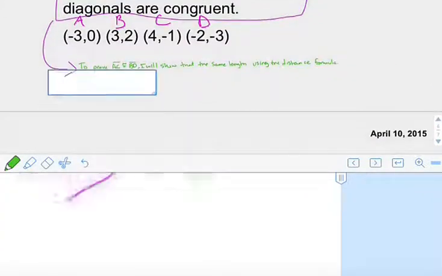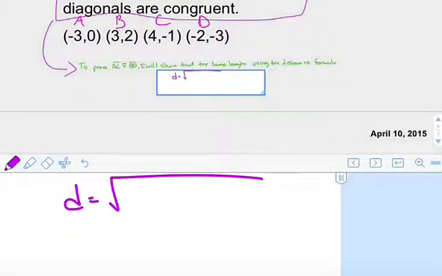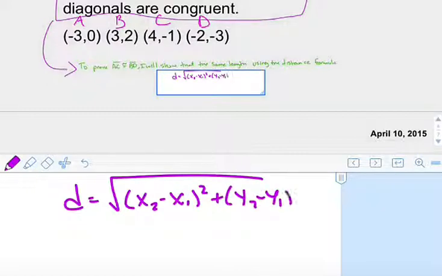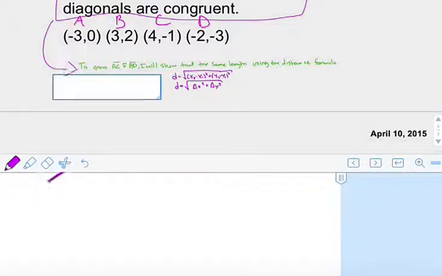Okay, so let's remind ourselves what the distance formula is all about. In this case, the distance formula is equal to the square root of x2 minus x1 squared plus y2 minus y1 squared. That, of course, is just a derivation of the Pythagorean theorem. We can also look at this as just delta x squared plus delta y squared, which is my preference, and that's what you're going to see here in the video.